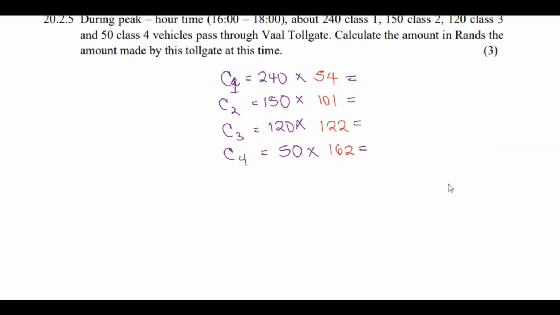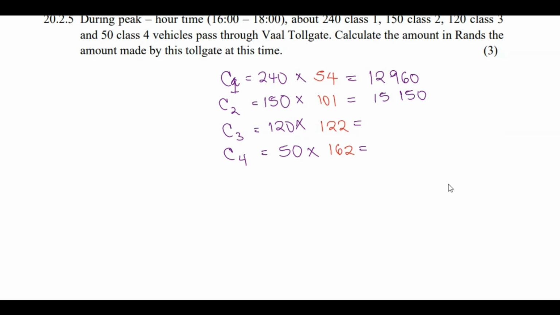So 240 times 54, 12,960. Then 150 times 101, 15,150.